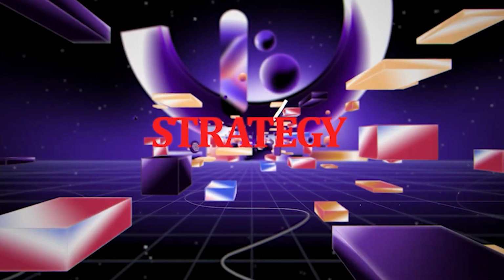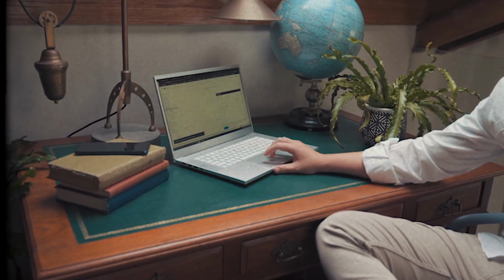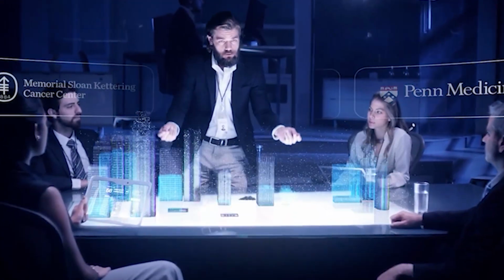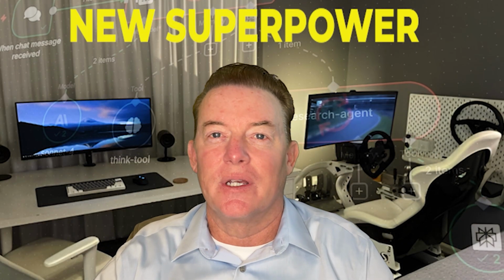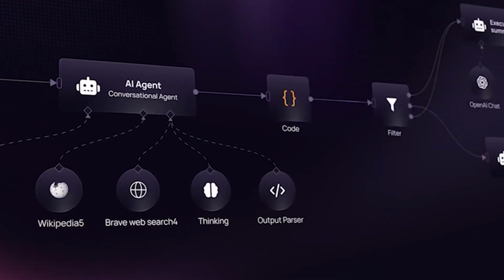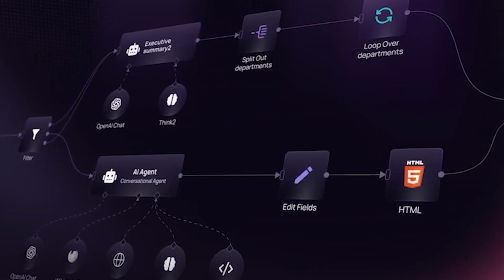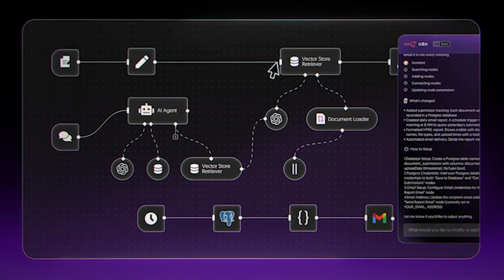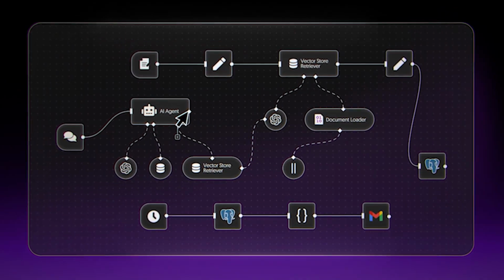Freedom from repetitive work, freedom to focus on creativity, strategy, and impact. Whether you're a solo entrepreneur or running a global team, these tools give you leverage, and leverage is the new superpower. So don't stop here. Keep improving your automations, test new agents, measure ROI, and refine your workflows. The more you automate, the more time you can earn back, and the smarter your business becomes.